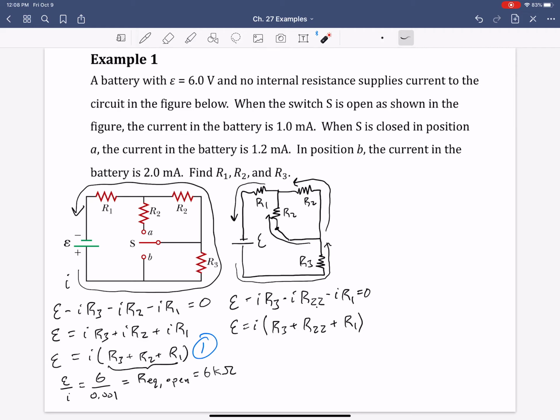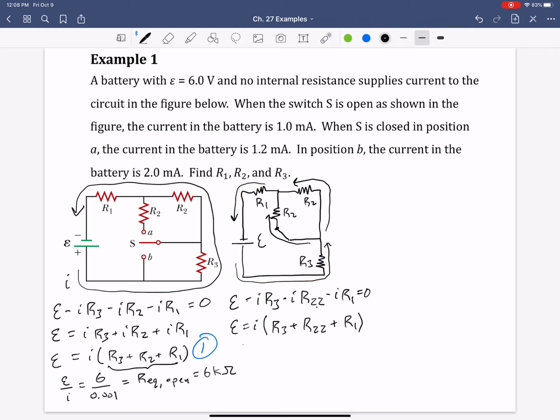It's not, because the current indeed splits off. So that charge is effectively split. But that's not the same as what I have written here. I have that the equivalent resistance R22, the equivalent resistance of these two resistors in parallel, is the same as this current here and that current here.